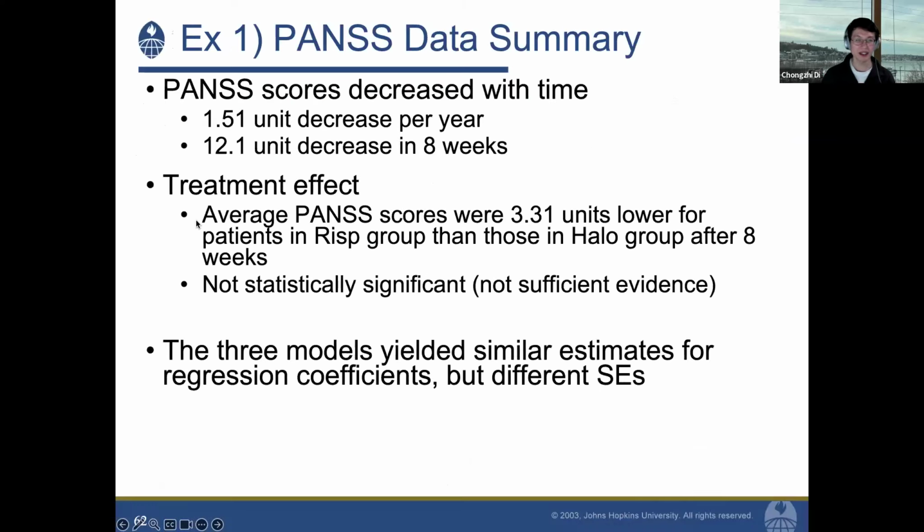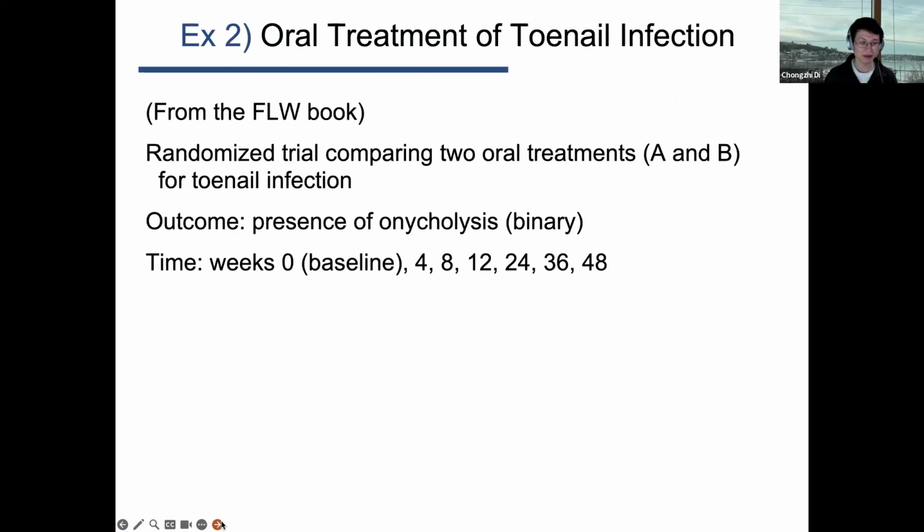The outcome is binary, I think they coded the outcome as no symptoms or minor symptoms as 0, and more severe symptoms as 1. The outcome was measured at week 0, which is baseline, but also at follow-up times, including weeks 4, 8, 12, 24, 36, and 48.